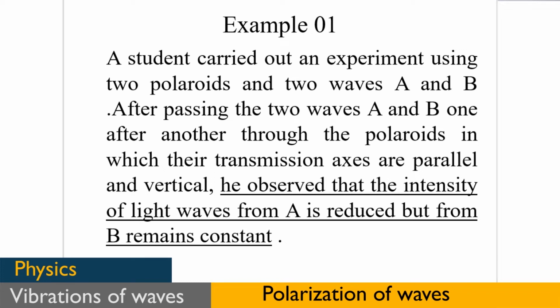Example 1: the question is about a student carrying out an experiment using two polarizers and two waves, A and B. As I mentioned before, you have the first polarizer and the second polarizer; the names change depending on the use of these two polarizers. The two waves, A and B, pass one after the other through the two polarizers, in which the axes of transmission are parallel.